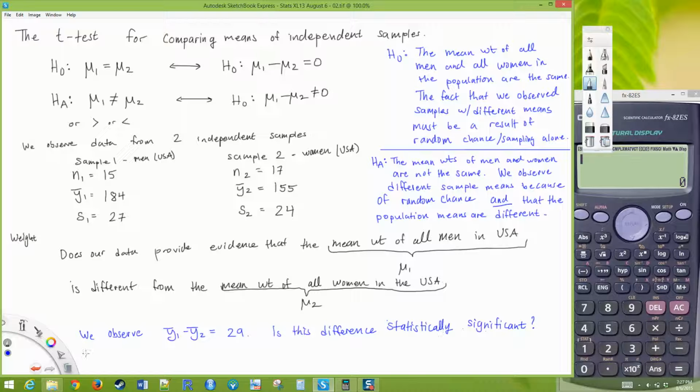Okay, so is 29 so big that it can no longer be explained by random chance?